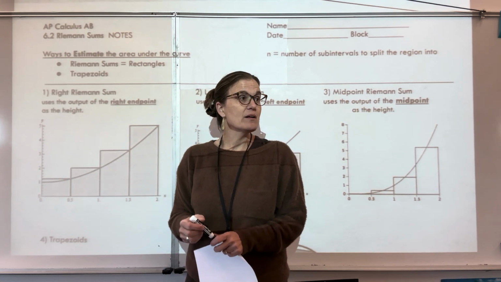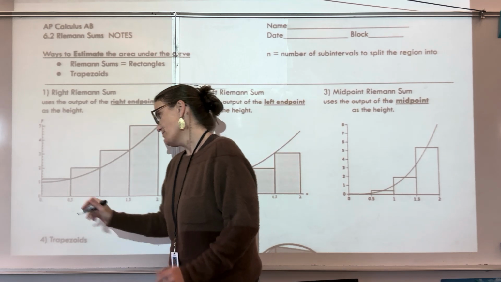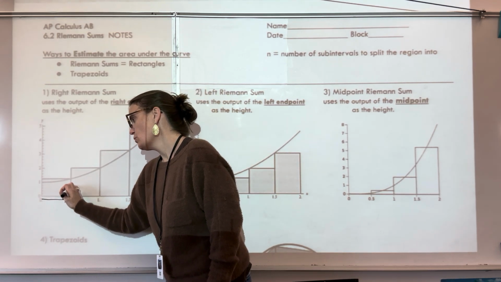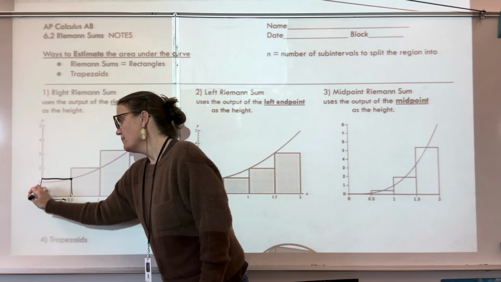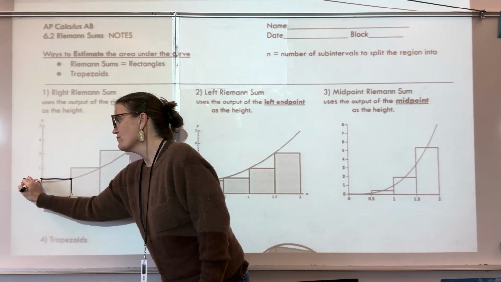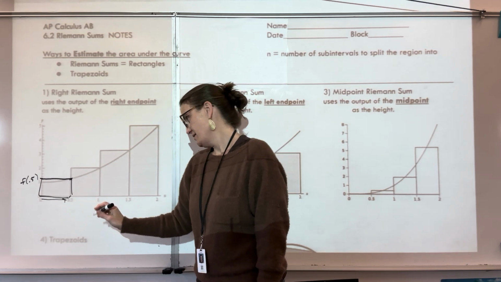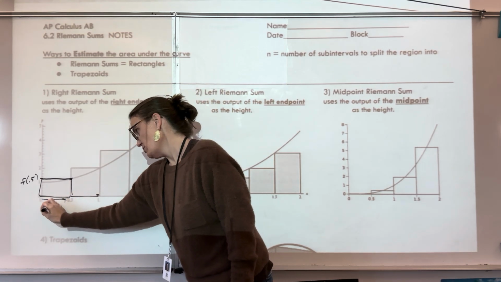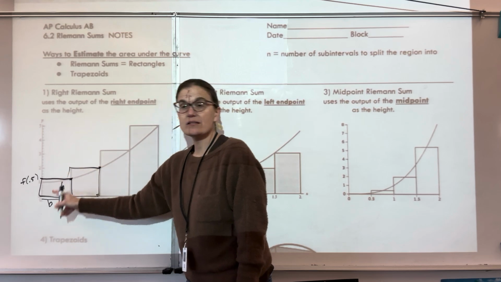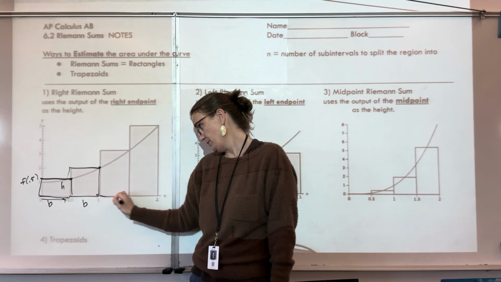If we're doing a right Riemann sum, we're going to get the height at the rightmost point. So from 0 to 0.5, 0.5 is the rightmost, so we're going to use the height. If I plug 0.5 into the function, here's f of 0.5, I'm going to use that for the height of the rectangle, so the base times the height, and if it's a right Riemann sum, I'm going to use the height at the rightmost point.